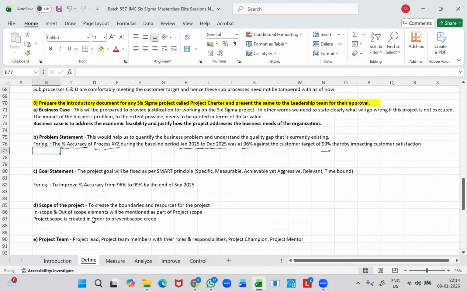So what is this phase-wise approach? First I will try to improve from 80% to 90%, and then from 90% to 96%. And then finally from 96% to 99%. So this is how we need to proceed in a Six Sigma project exercise. The initial project, I will only try to improve from 80% to 90%.